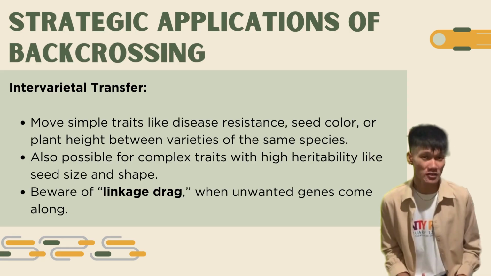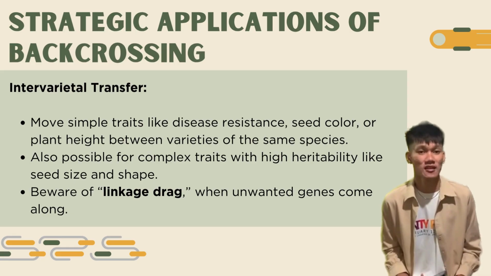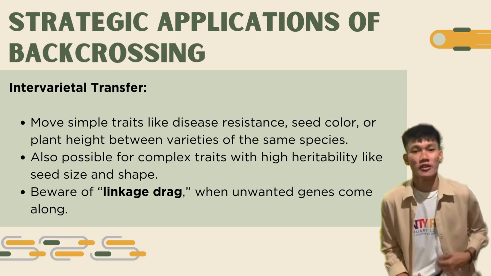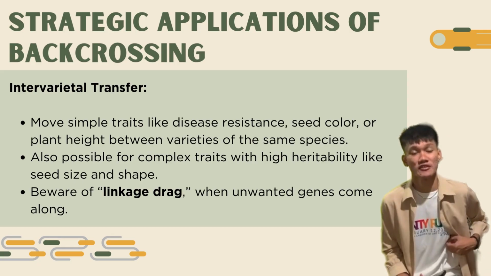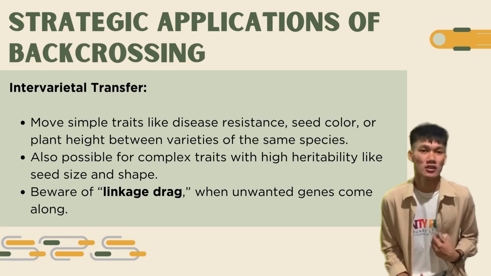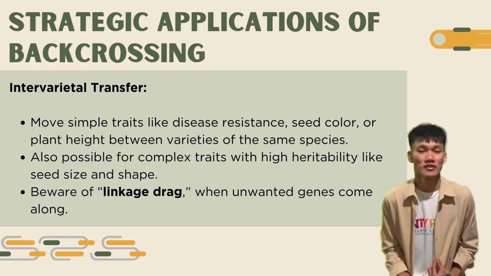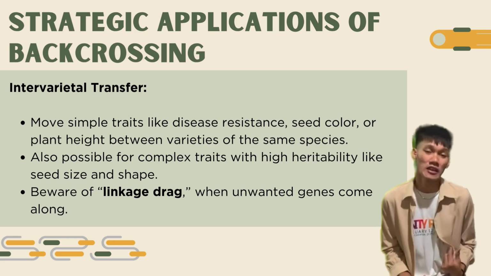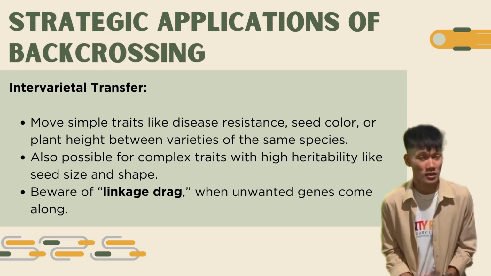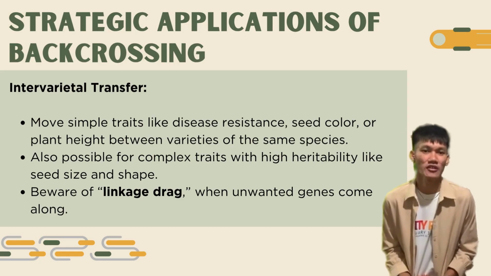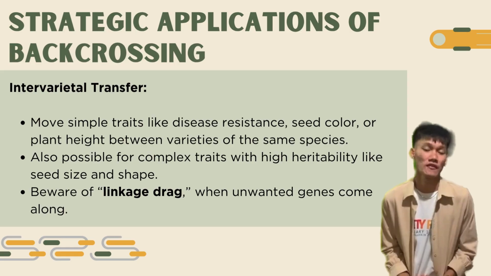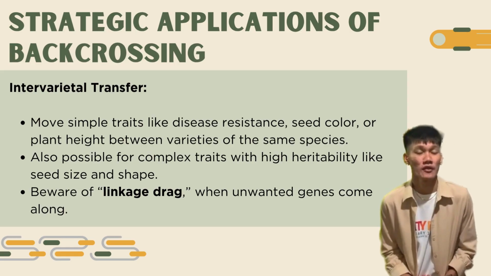This also moves simple traits like disease resistance, seed color, or plant height between varieties of the same species. There are types of characters that are transferred in intervarietal transfer. First is the simply inherited or the qualitative characteristics, and the other one is the quantitative characters.